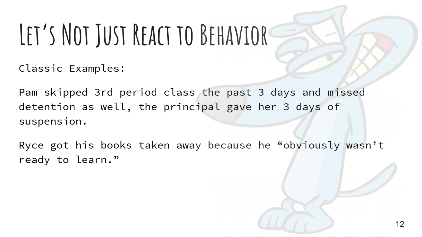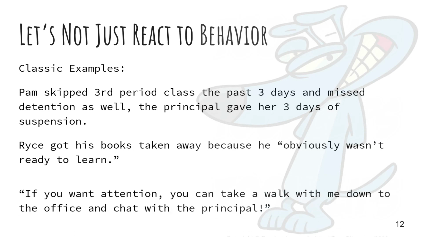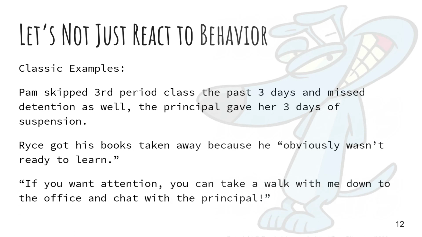Reese got his books taken away because he obviously doesn't want to learn. He's not ready to learn, so we're going to take his work away. So that could be problematic. If you want attention, you can just walk with me down to the office and we can chat with the principal. So these are examples of behavior occurring and the adult reacting to them without looking at the function.